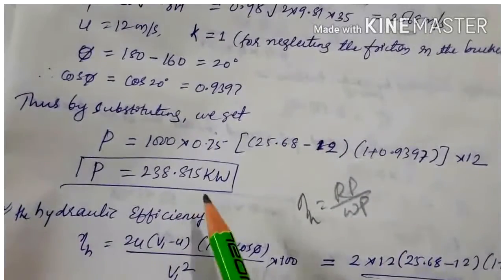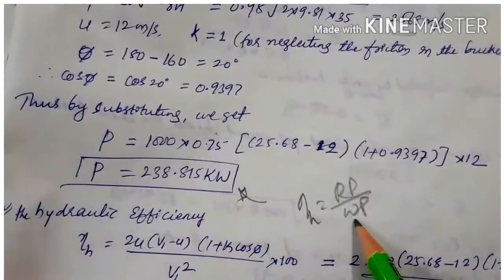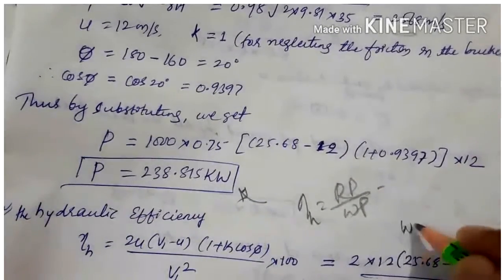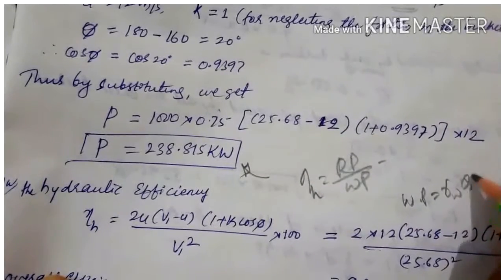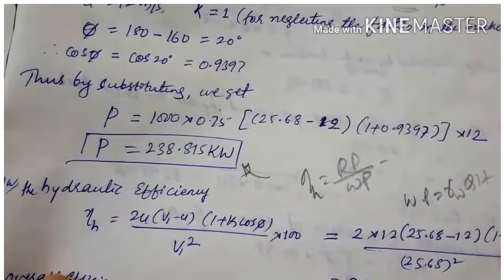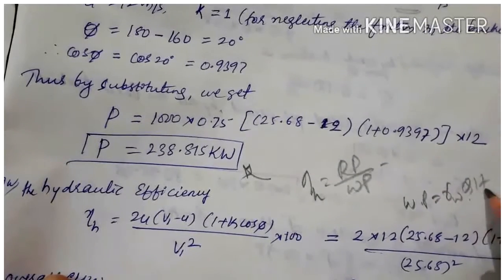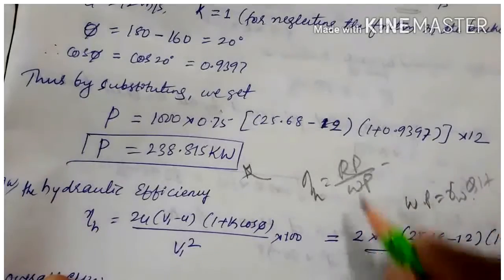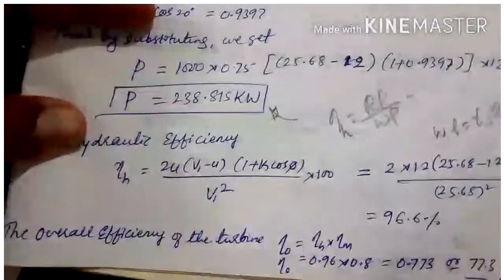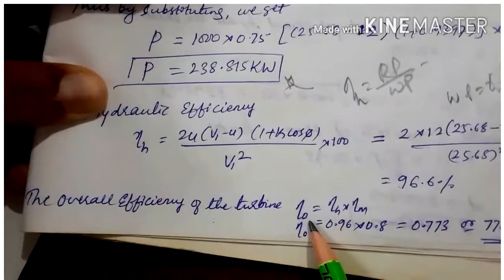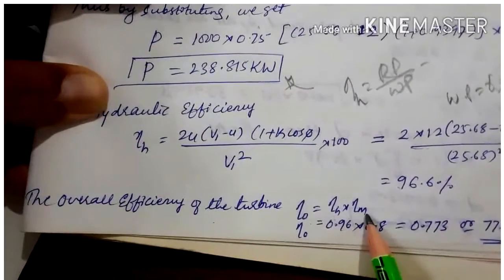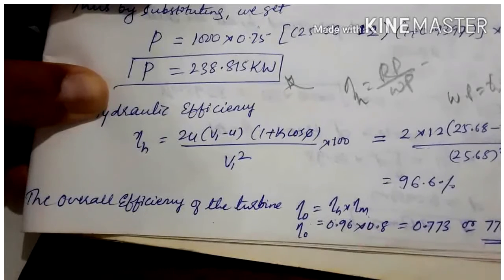This is the runner power we got, then the water power, as you know, is gamma W Q into H. If you know the value of Q, which is also given, then substitute here, we get the water power, then runner power by water power gives you the hydraulic efficiency. The overall efficiency will be the hydraulic efficiency multiplied by mechanical efficiency. So we get 77.3%.